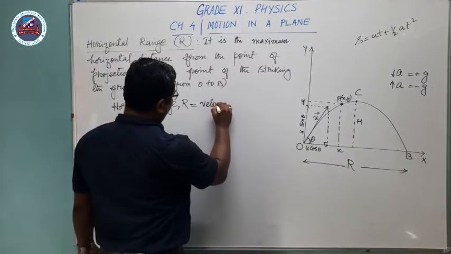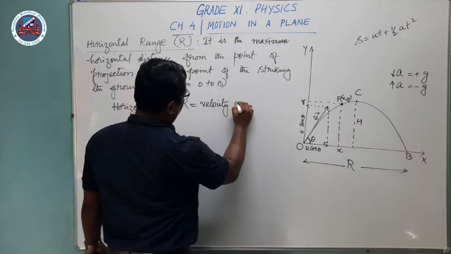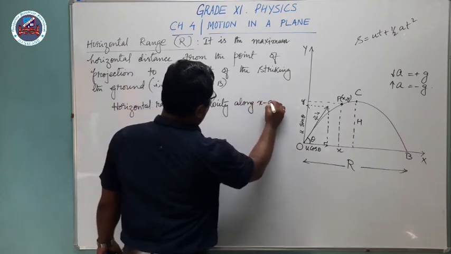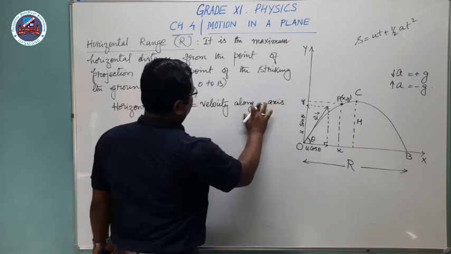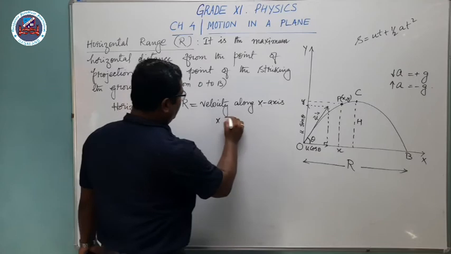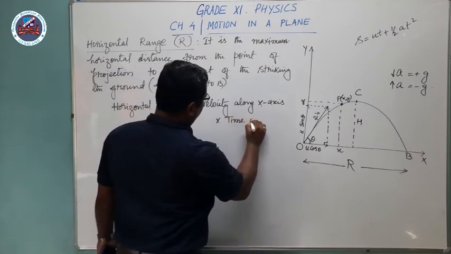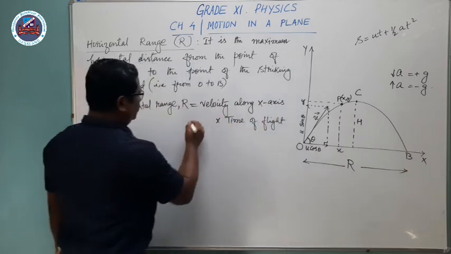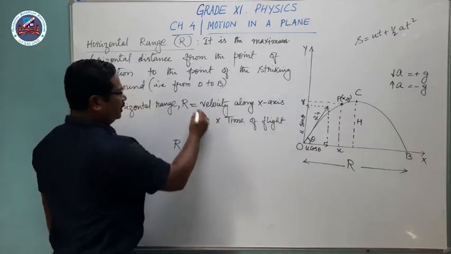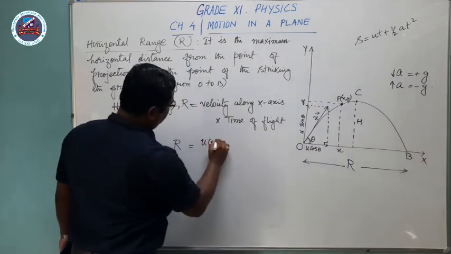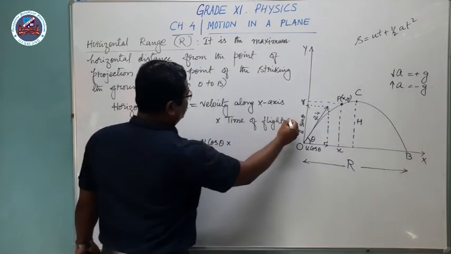Velocity along the x-axis multiplied by the time of flight. Now R is equal to velocity along the x-axis, u cos theta, in the time of flight, that is t.